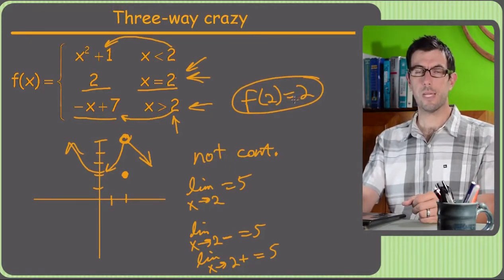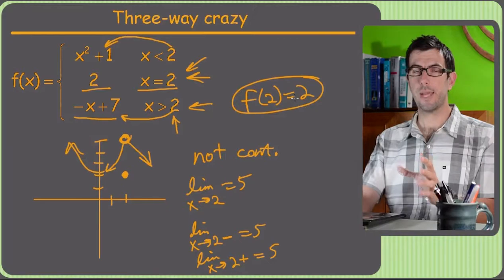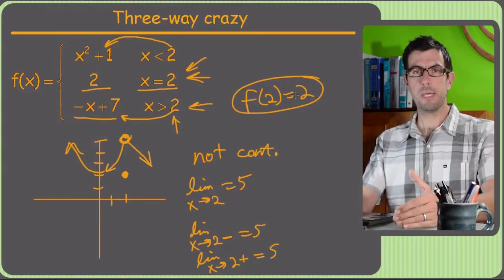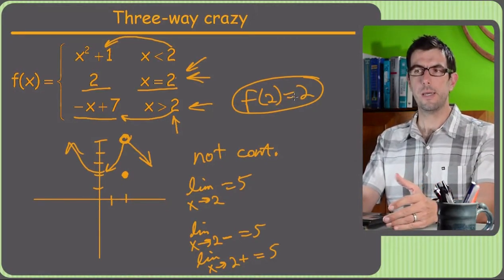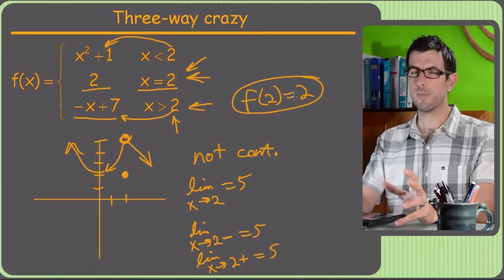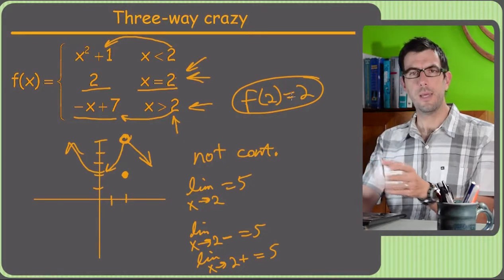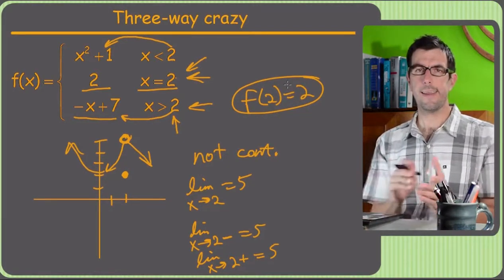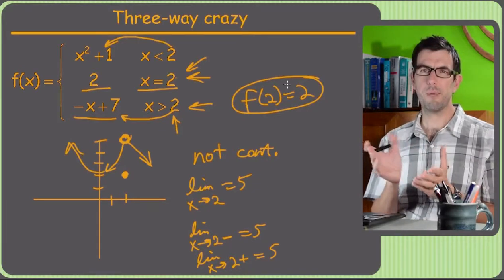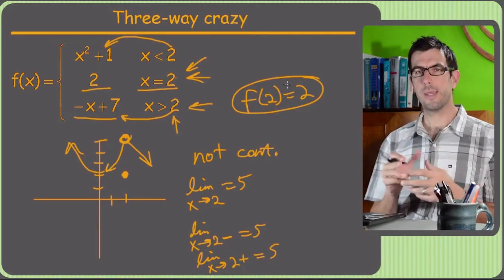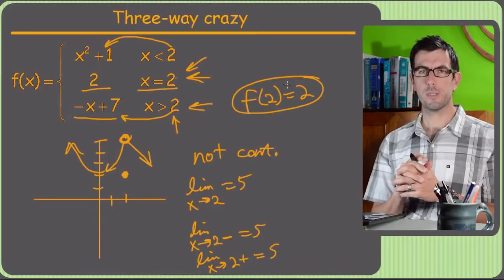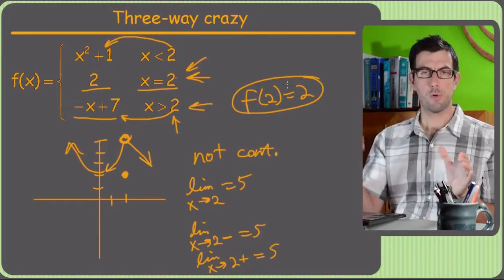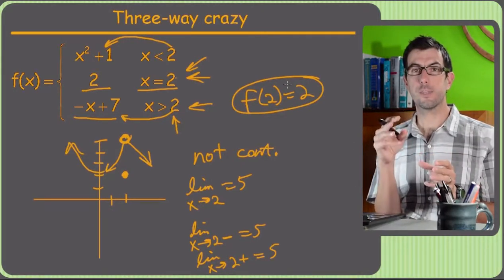Pretty wacky stuff, right? And these piecewise functions, like I said, they're nasty. If you think you're in a hard AP class or a hard college class, there's a decent chance you're going to get one of these piecewise functions on the test, and you'll have to do all this manually. If you have an easier class or regular calculus, then there's a decent chance you'll barely have to do this stuff, and you're more likely to get multiple choice questions, or your teacher will just draw the graph for you on the test and then ask you about the different points.